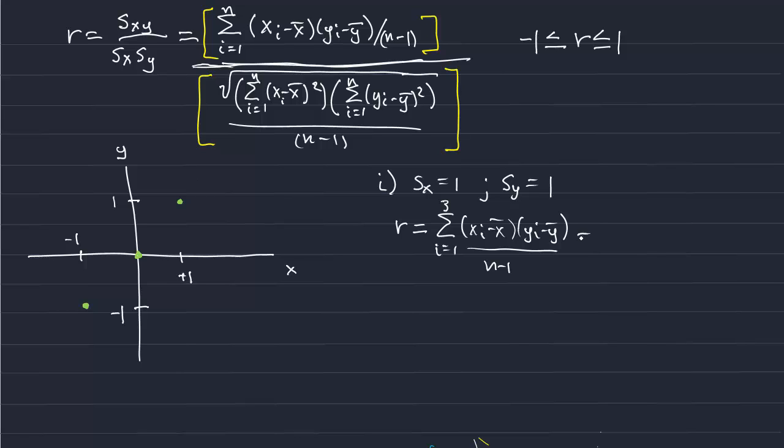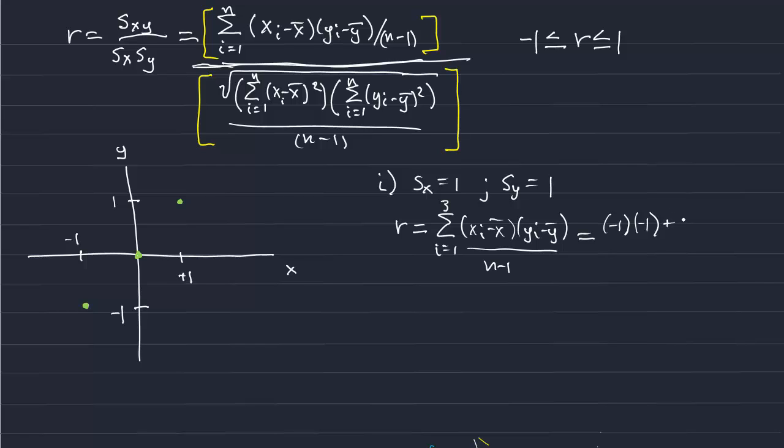So starting from the left point, x is minus 1 from its mean value, and y is also minus 1 from its mean value.